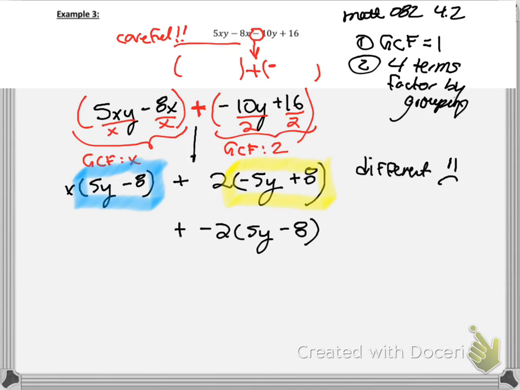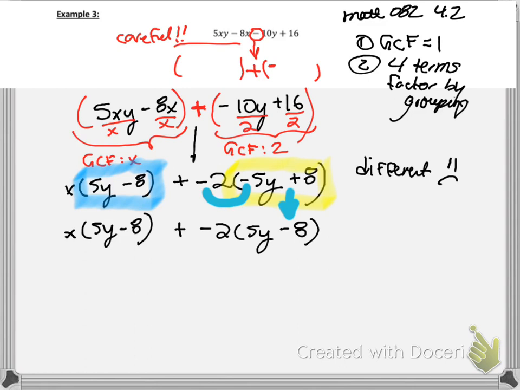Let's see if that works here, just bringing down everything else. Again, I brought out this negative. When I made this negative, that became positive, and I also had to change this sign here.